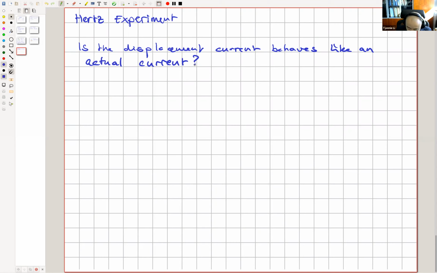Okay. Amongst his first experiments, and really the one that set out to show that this displacement current behaves as an actual current, is the following.